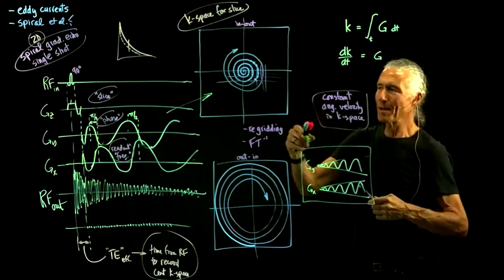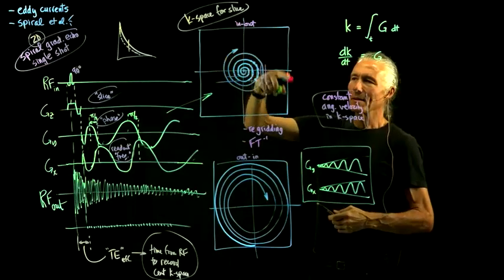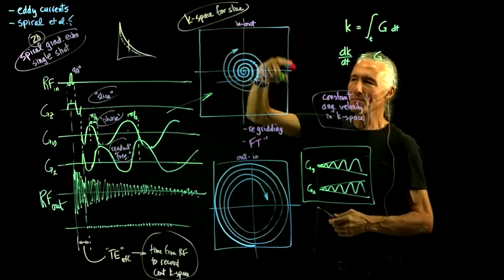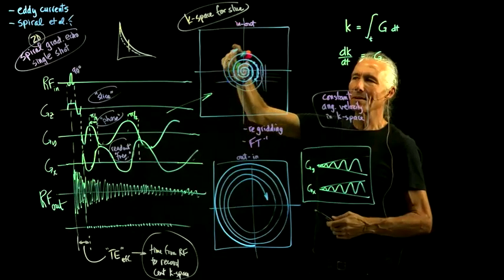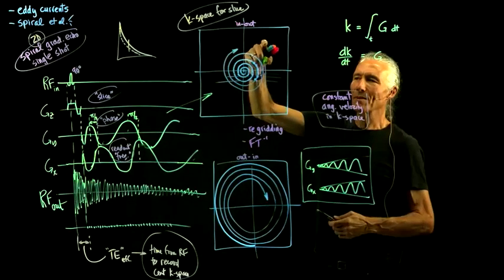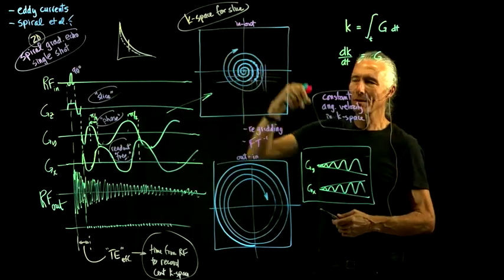Now, the bad part of that is that when you get out to the far parts of k-space, you're going really, really fast. That means your bandwidth will have to go up, or you have to have a very high bandwidth, which is generally lower signal to noise if you're going super fast.